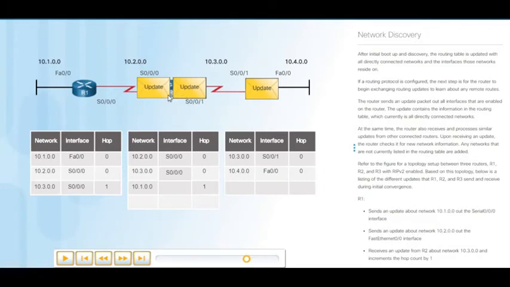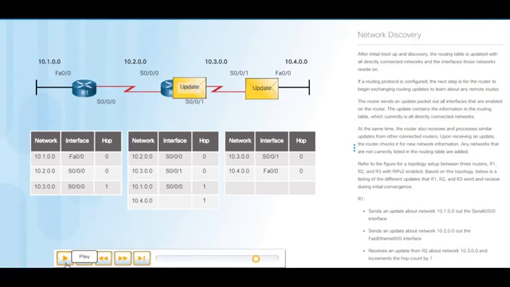At the same time, R2 was able to update its routing table with the 10.1.0 network on the other side. The update obviously came from R1. So R2 added this entry to its routing table to discover this remote network. Let's proceed, and also the 10.4.0 network on the other side.